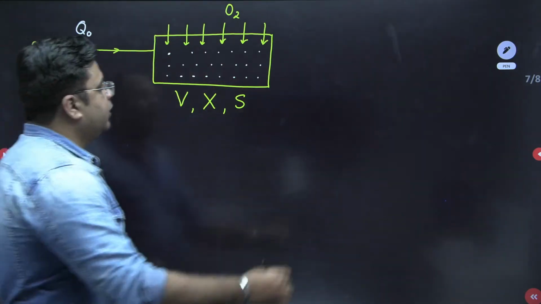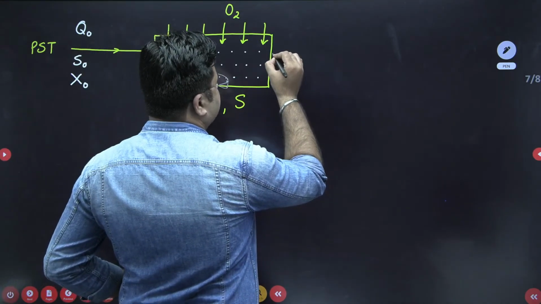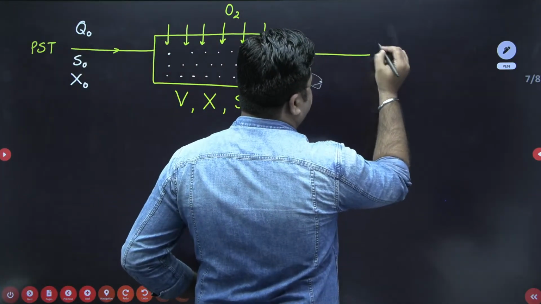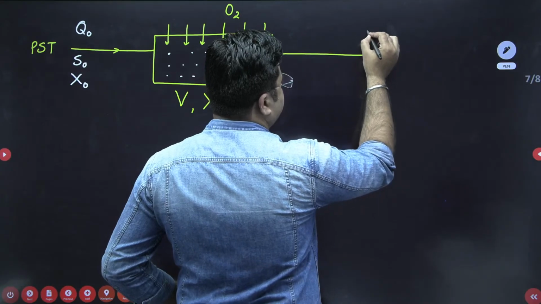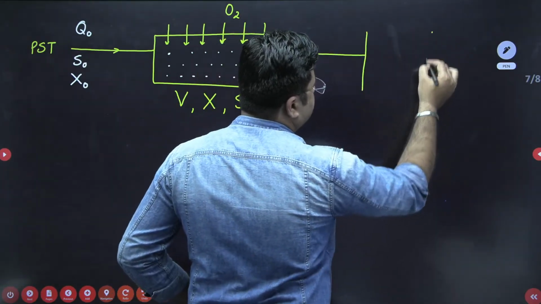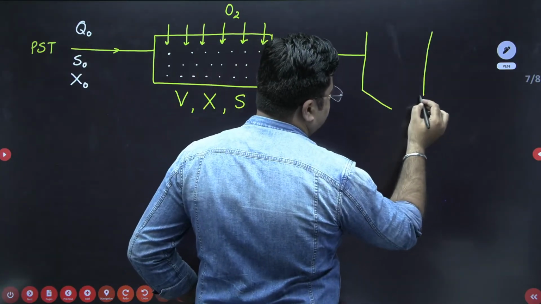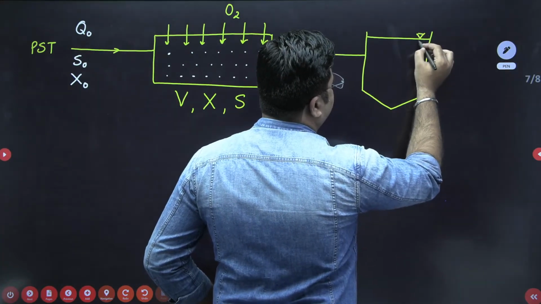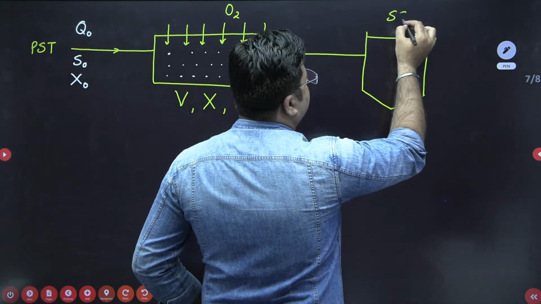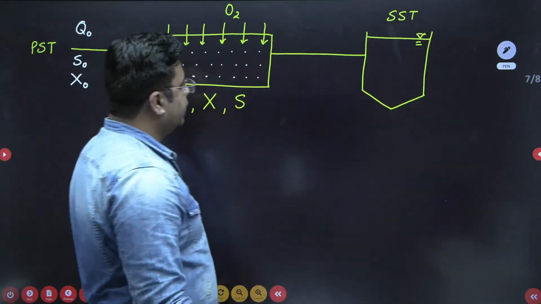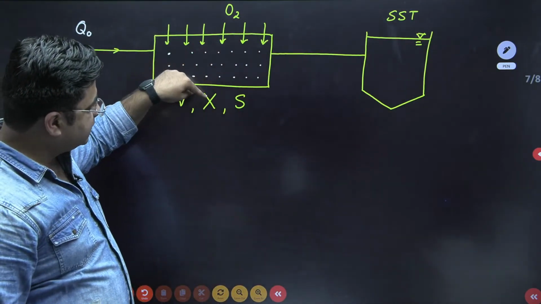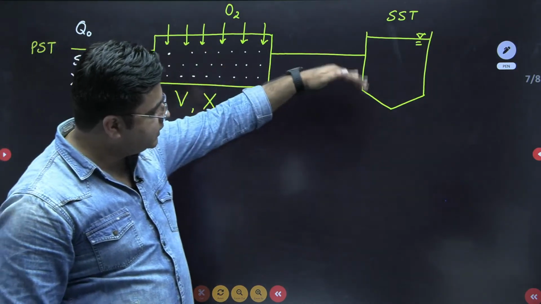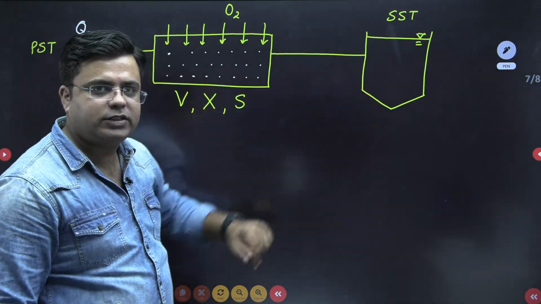Okay. Now, this biomass is taken to the secondary sedimentation tank, where the biomass, that is X, is settled.